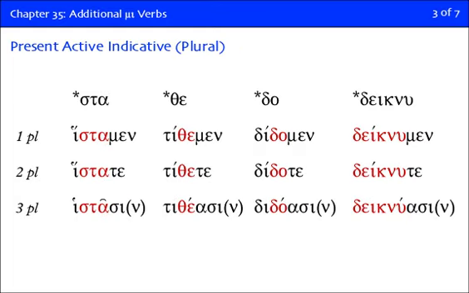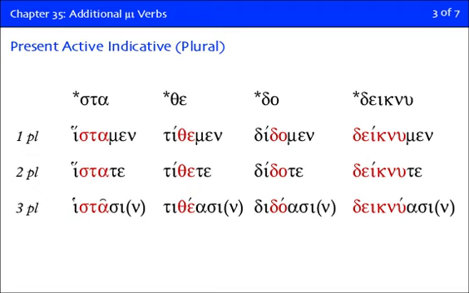Let's look at the plurals, just so you can see the same thing going on. We've learned didomen, didote, didoasi with a movable nu. Okay? Swap the do for a the, deaspirate the reduplicated theta, and you get tithemen, tithete, titheasi. Same things happening. If you go to the alpha column, histamen, histate, histasi.